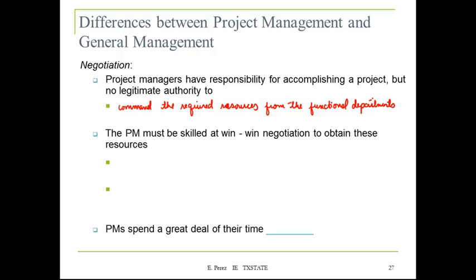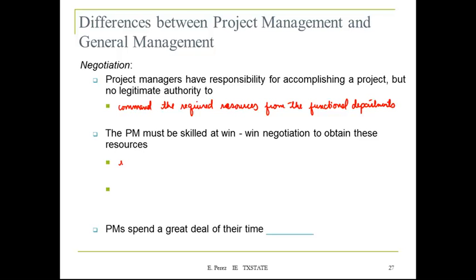Any idea of what the win-win negotiation means? Right. So both parties win. If you're not capable of doing such a negotiation, then you're going to have a lot of trouble. So, yes, functional departments.